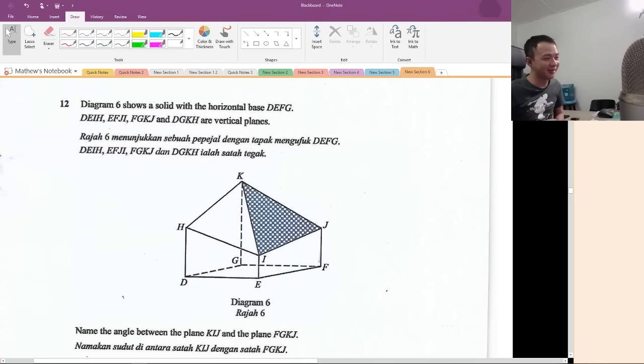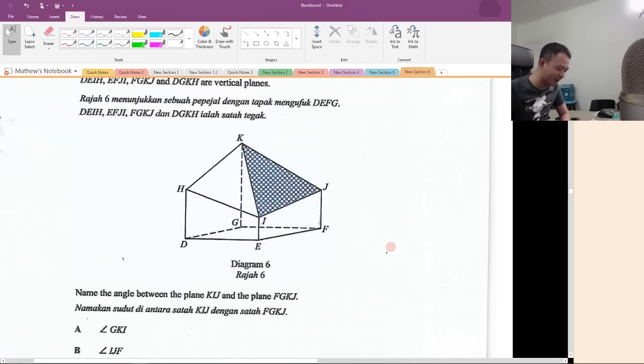Alright, this is a question a lot of students do not like. You have so many planes, and they want to know the angle between the plane IJ and FGKJ. FGKJ is the plane at the back here.